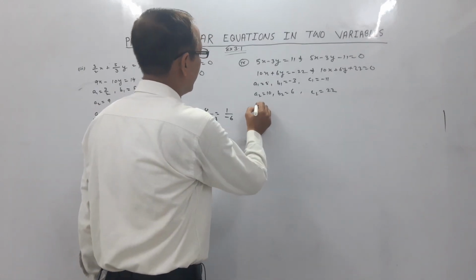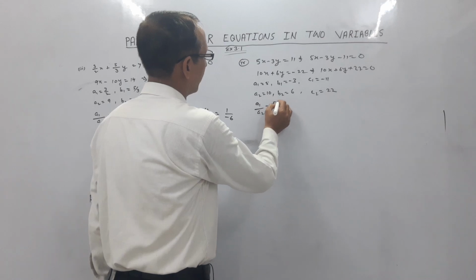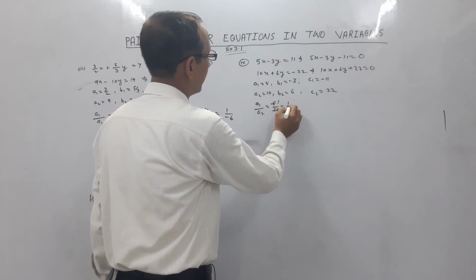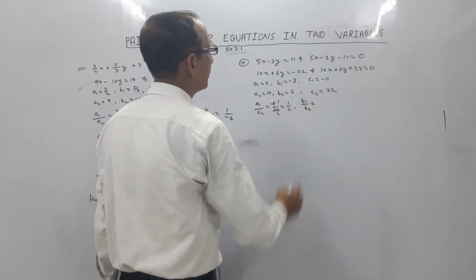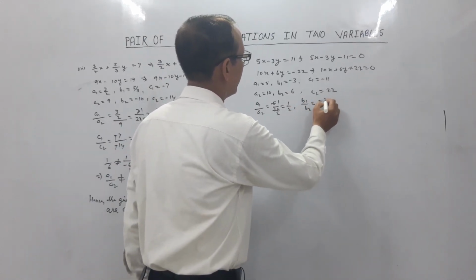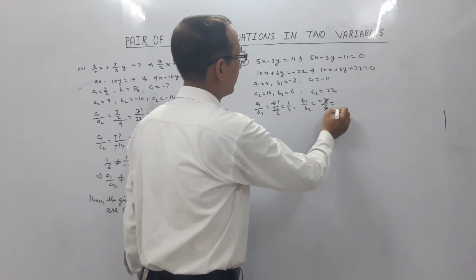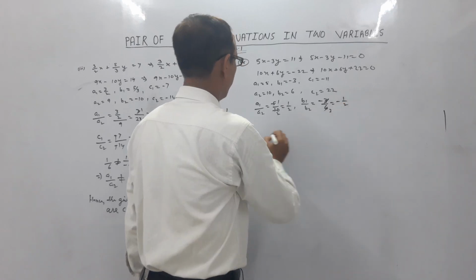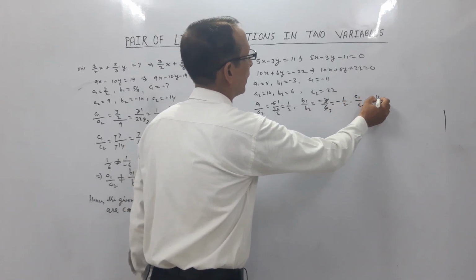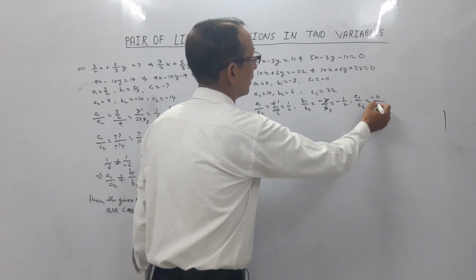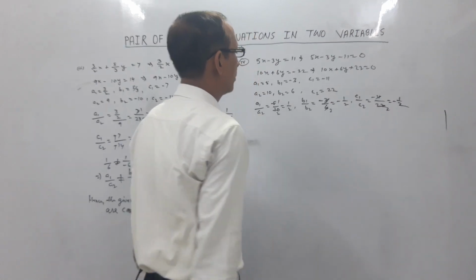So A1 by A2 equal to 5 upon 10, 5 2s are 10, 1 by 2. B1 upon B2 equal to minus 3 upon 6 equal to 3 2s are 6, minus 1 upon 2, and C1 by C2 equal to minus 11 by 22, 11 2s are 22, minus 1 by 2.